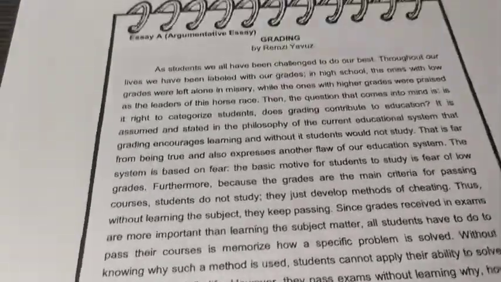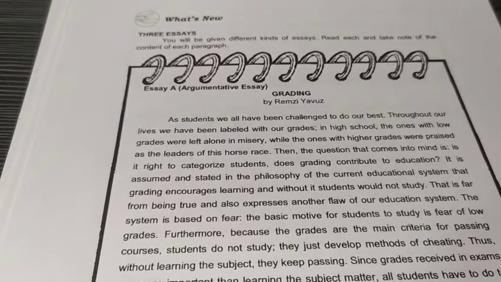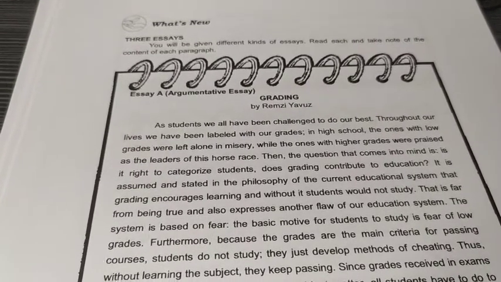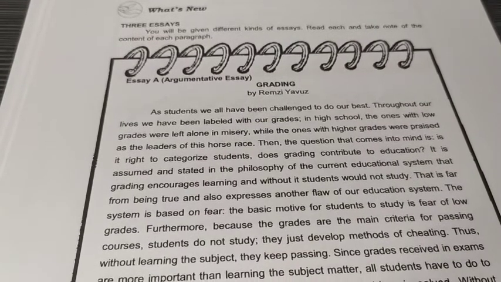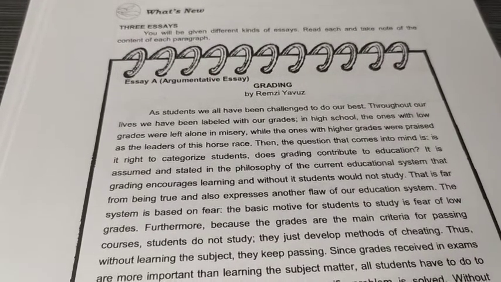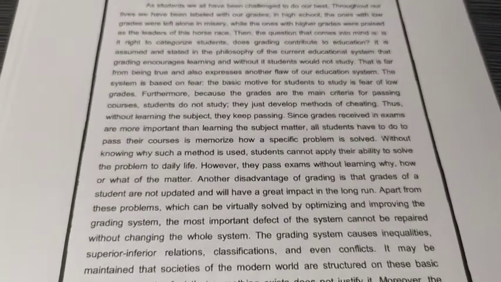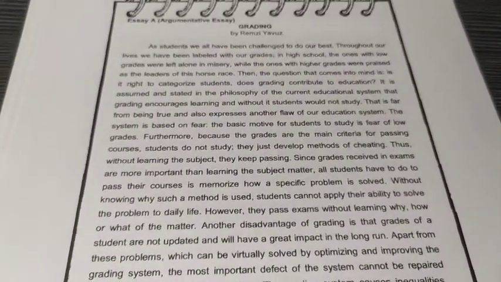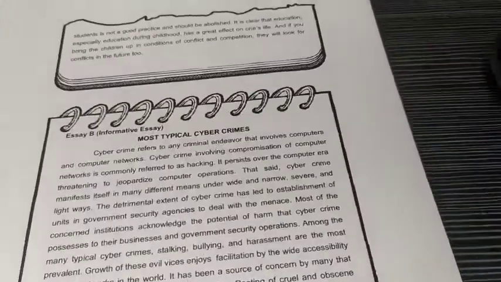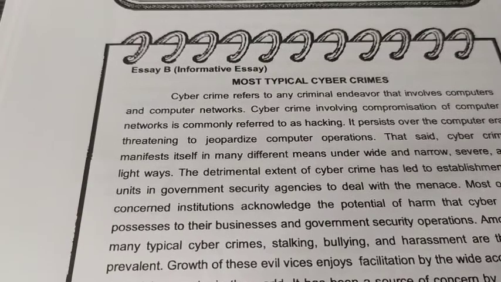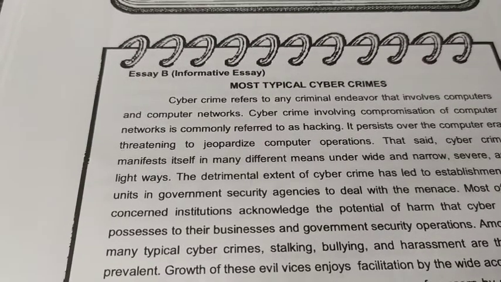And for What's New, we have 3 essays here. The first one is the Argumentative Essay, Grading, by Renzi Yavuz. You will read that, and you should think why it is an argumentative essay. For essay B, Informative, it is entitled Most Typical Cybercrimes.